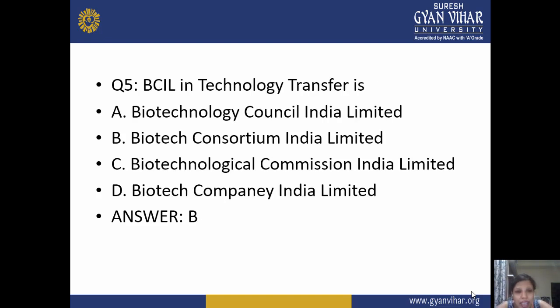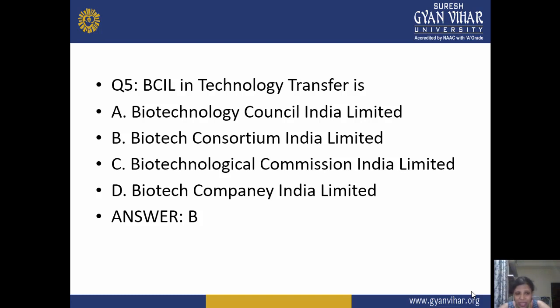Next, BCIL in technology transfer. BCIL was developed in 1990, this we have discussed. Now, what is BCIL? BCIL is either Biotechnology Council India Limited, Biotech Consortium India Limited, Biotechnological Commission India Limited, or Biotech Company India Limited.